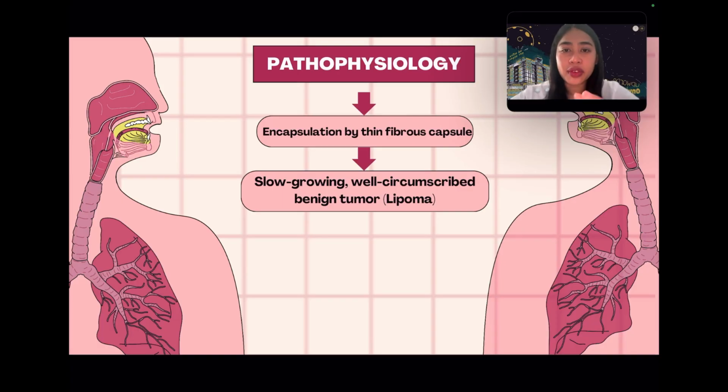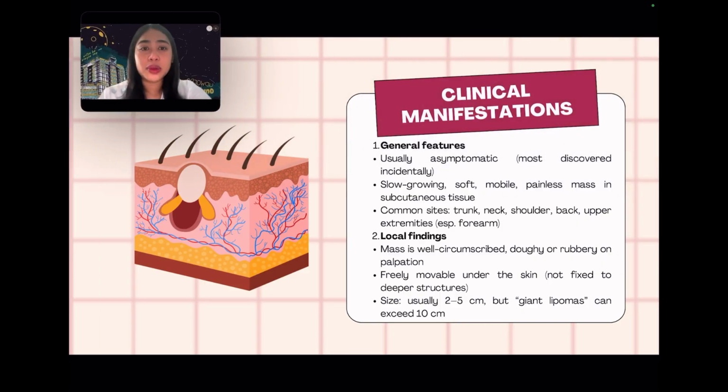So your mature fat cells are developed first because of the uncontrolled proliferation, and eventually it is encapsulated by a thin fibrous capsule. And again, as described earlier, eventually a slow growing, well circumscribed, benign tumor known as your lipoma develops.